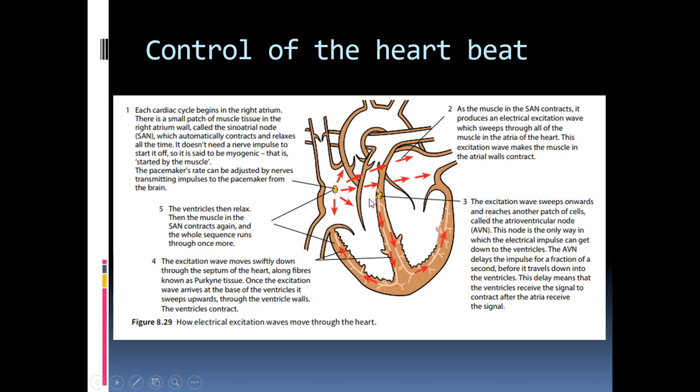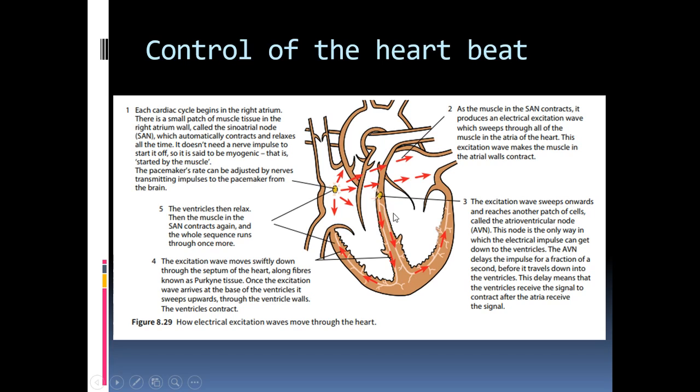So what happens is, once the initial impulse from the atria reaches the AVN, the AVN will delay the impulse for a fraction of a second before allowing the impulse to travel towards the ventricle. Okay?